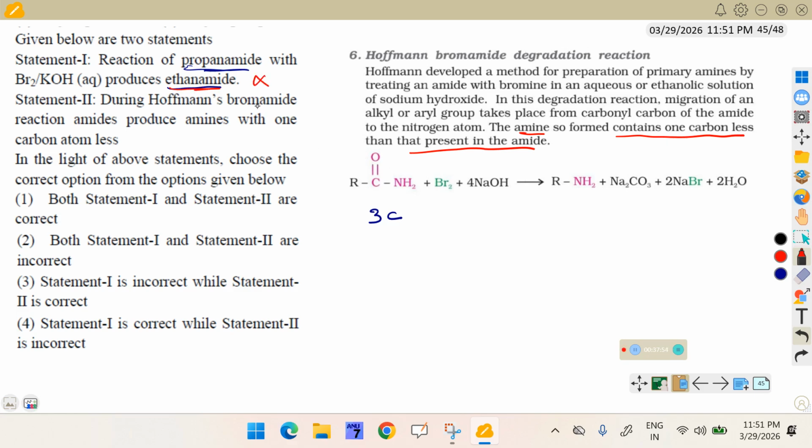It does not produce ethanamide, it produces ethanamine. That's the reason statement 1 is wrong. During Hoffmann bromamide degradation, amides produce amines with 1 carbon atom less. Statement 1 incorrect, statement 2 is correct.